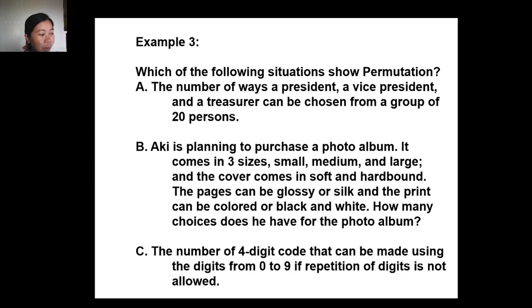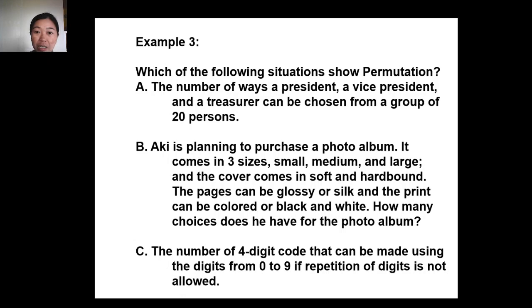So, for letter A, if we're going to analyze, there are 3 positions which are president, vice president, and treasurer. So, 3 positions to be arranged in choosing from the same group of 20 persons. And each position is to be filled once.